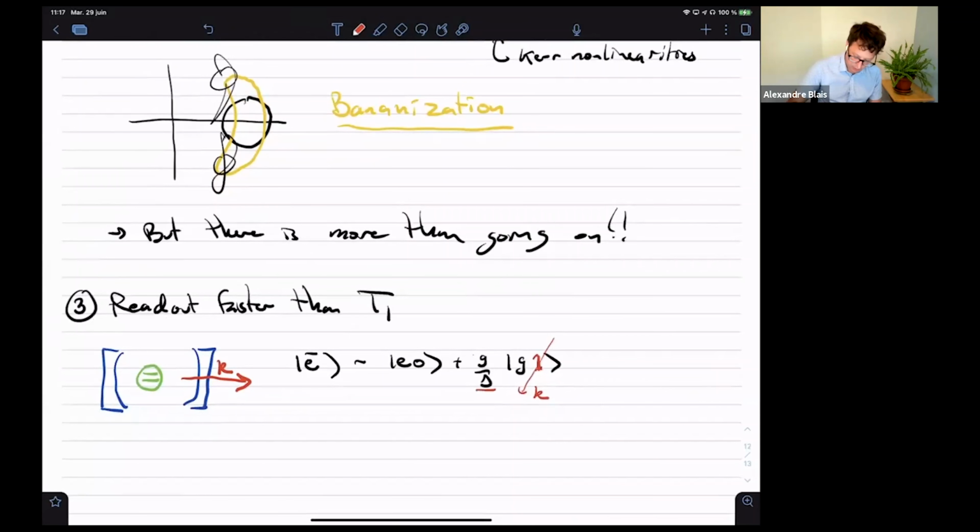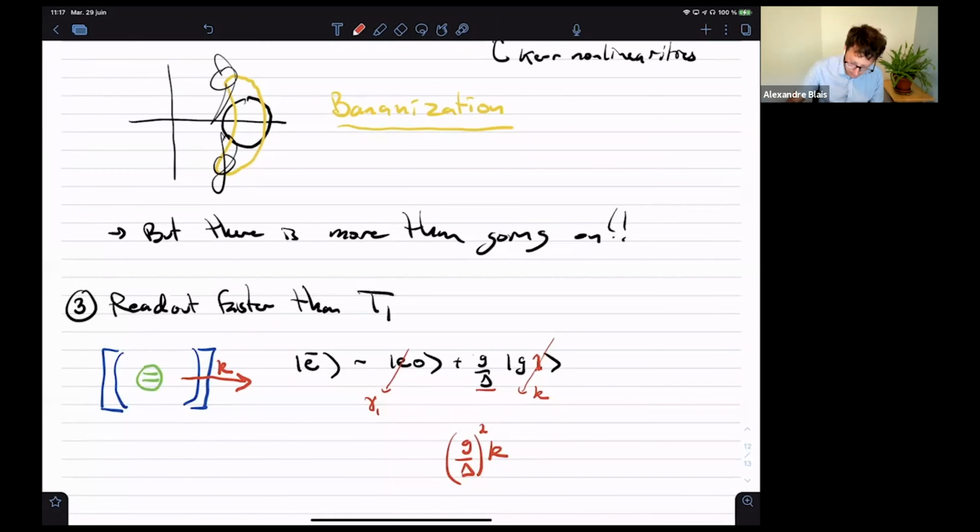So there's a new rate. There are two things that can go down in this qubit. There's the qubit, which can go down at rate gamma 1. And now there's a photon that can also go down. And so it will go down at what rate? It will go down at the rate kappa with probability g over delta squared, the probability that there was in fact a photon in that state.